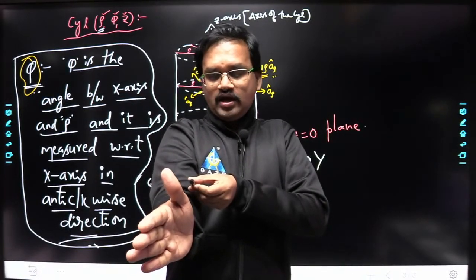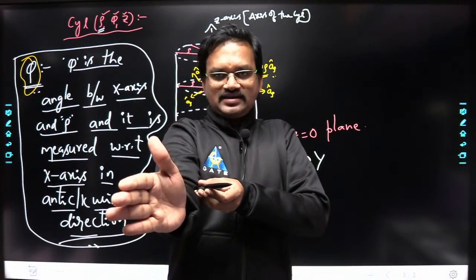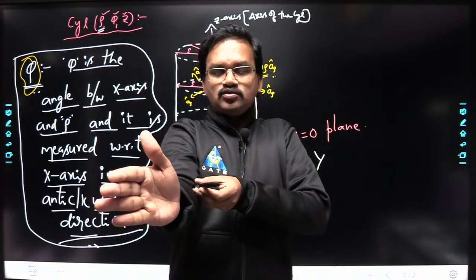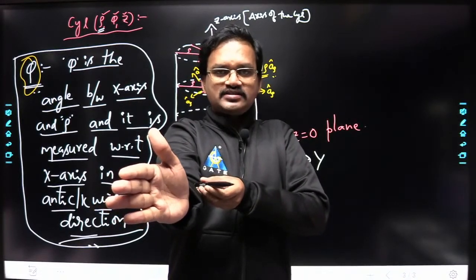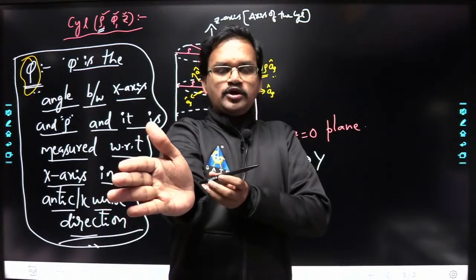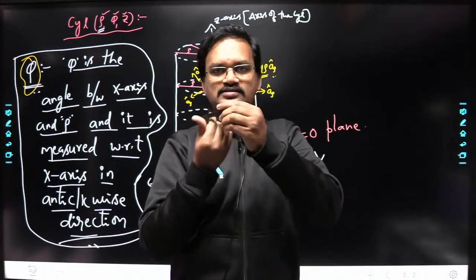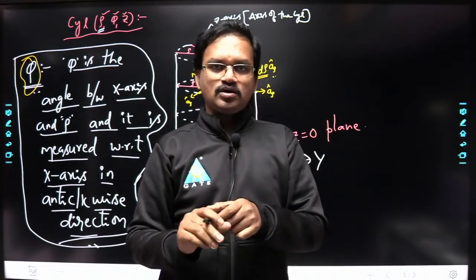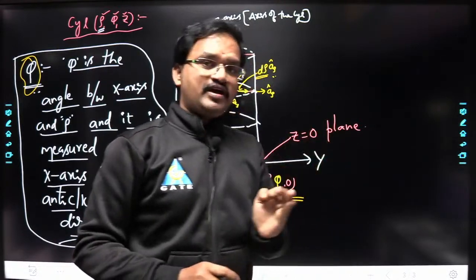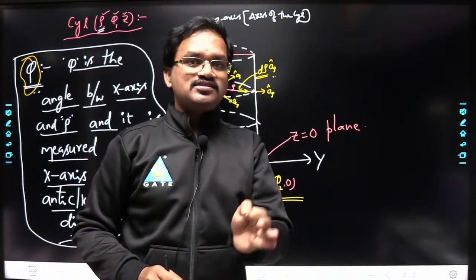Now as rho moves away from the x-axis, the phi value gradually increases. As phi increases, you are going to move along the circumference of the circle. So as phi varies, you are going to trace the circumference of the circle.